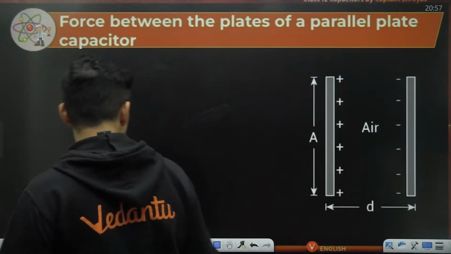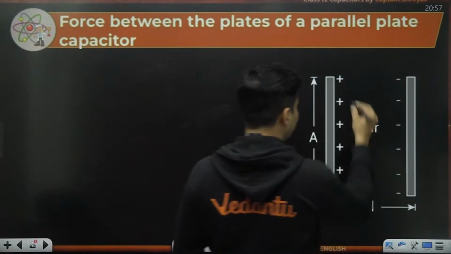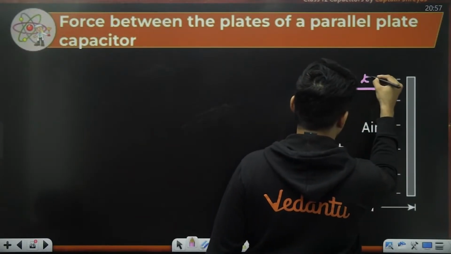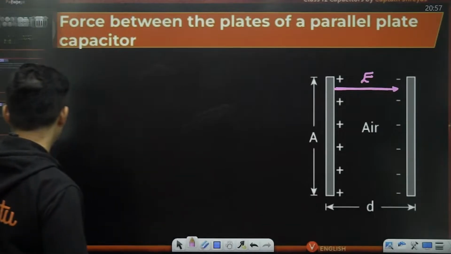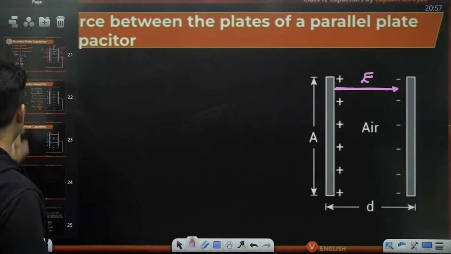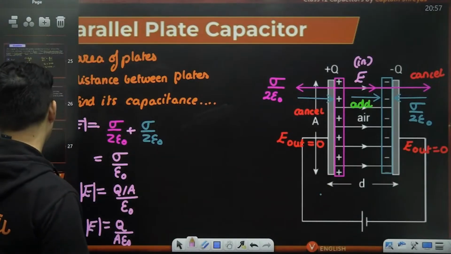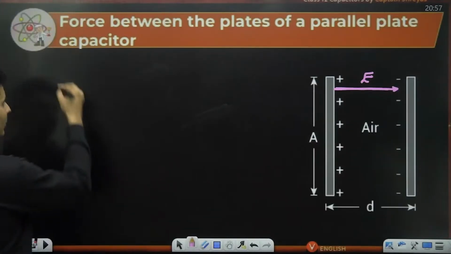So a very interesting thing now, the field between the plates of a capacitor, we just derived it, and we saw that it is Q by A epsilon naught. And through this field, I can find the force.